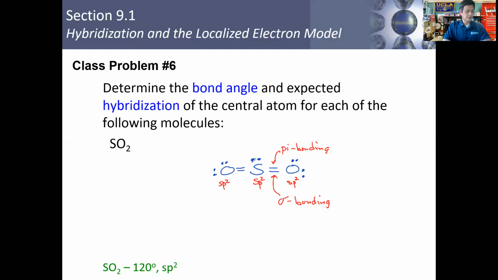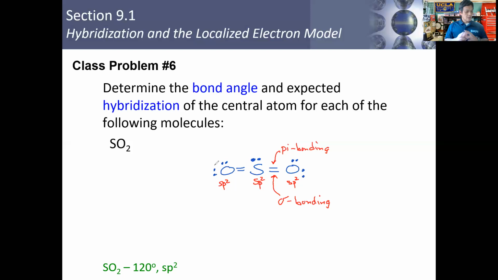Probably tomorrow, we'll talk about how the bonding type, single, double, or triple, also corresponds to the bonding interactions. So we have 1 pi bonding interaction and 1 sigma bonding interaction, which means the lone pairs here will sit in the remaining sp2 hybrid orbitals. These 2 lone pairs will also be sitting in an sp2 hybrid orbital. And that's how you could characterize the bonding interactions for sulfur dioxide.